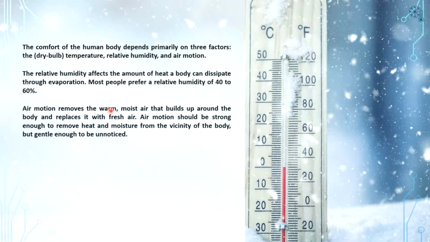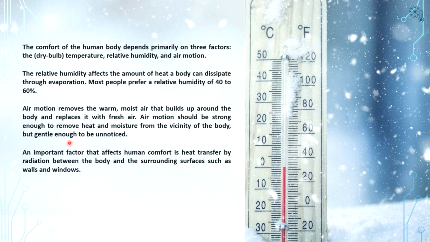Air motion removes the warm, moist air that builds up around the body and replaces it with fresh air. Air motion should be strong enough to remove heat and moisture from the vicinity of the body, but gentle enough to be unnoticed.